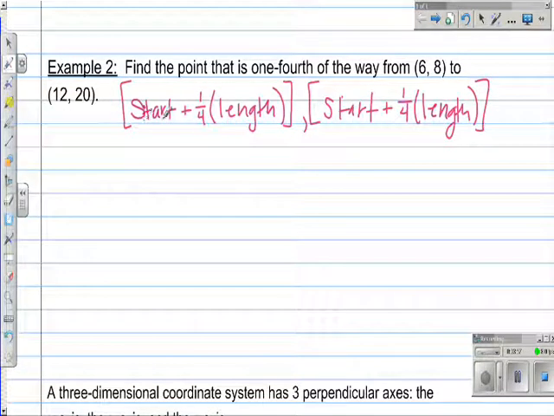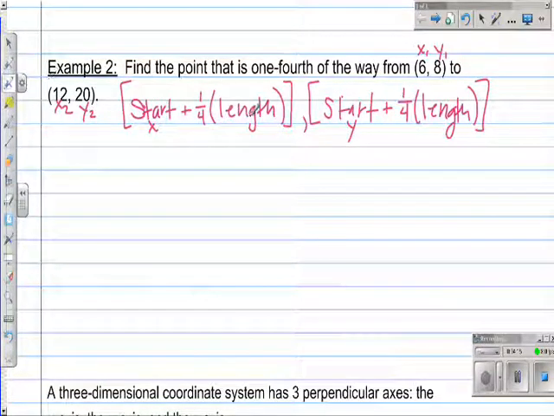Okay, so we know this is our x, this is our y. In this case, we have x1, y1, x2, y2. Well, we know we are starting with x1, so our x value starts at 6. We're adding 1/4 of the length, which is going to be your x2 minus x1, which will be 12 minus 6.